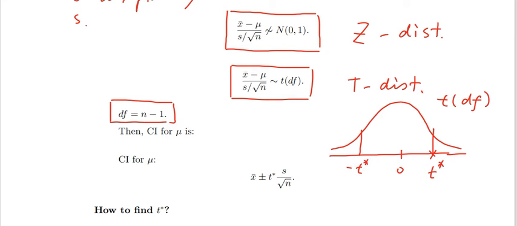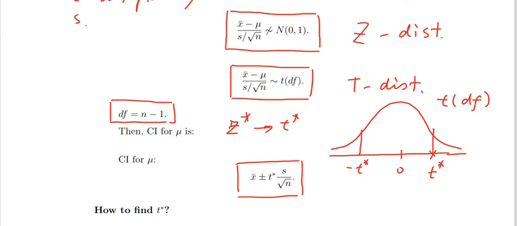Before, from the Z table, we had Z star; here T star. So we change this Z star to T star, then this formula is okay.